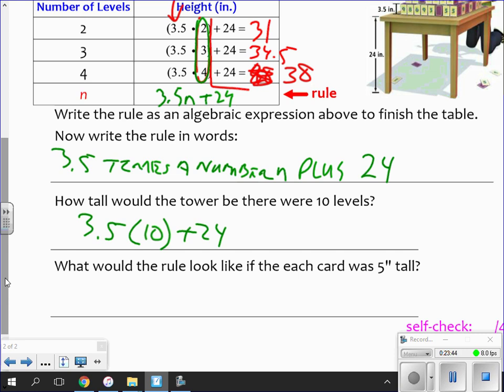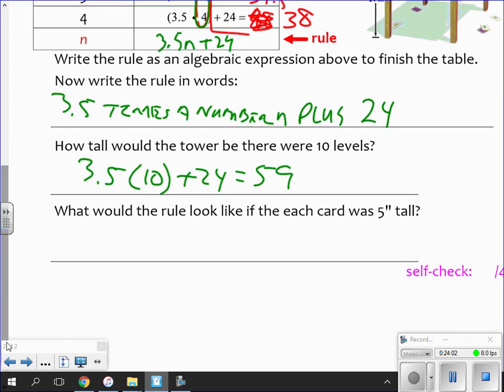Excellent. That's exactly it. 3.5 times 10 is 35, plus 24 gives us 59.